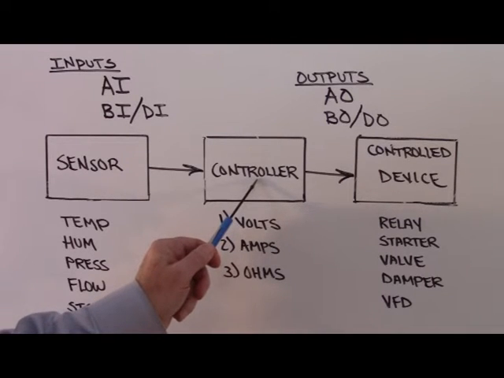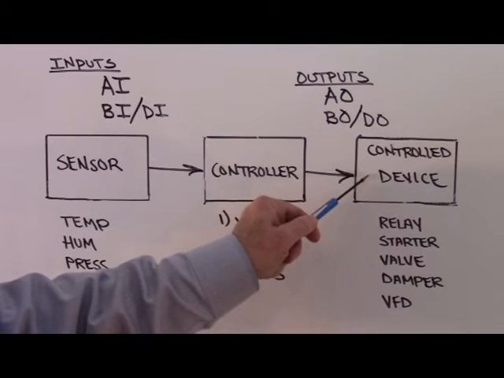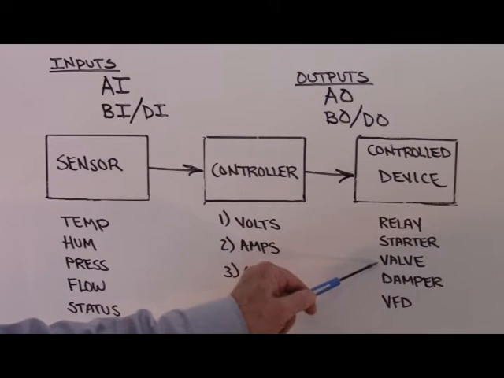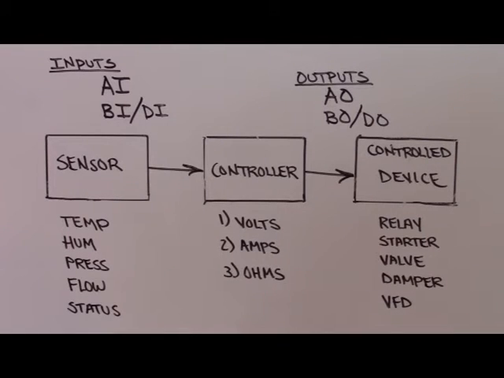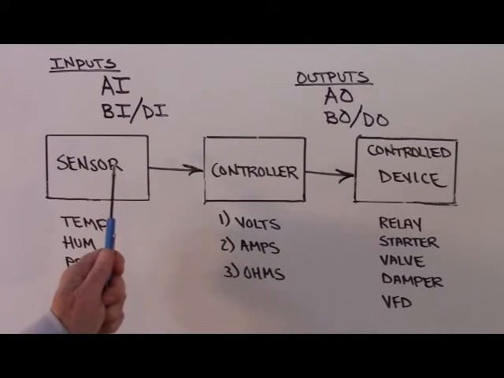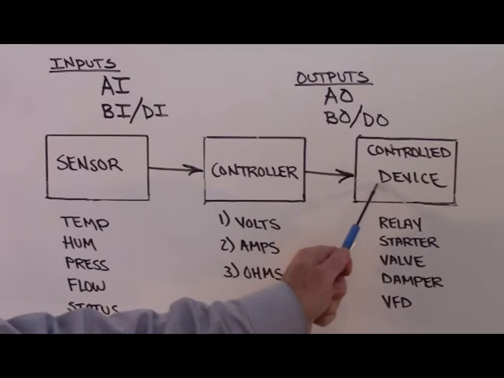It makes a decision and sends an analog output to maybe a chilled water valve, and it opens that valve up to begin to give us more chilled water into a coil and begin to move our air temperature back down towards the temperature that we're trying to achieve, which in this case is 70 degrees, our set point. So in quick review, we always have these three parts: a sensor, a controller, and a control device.